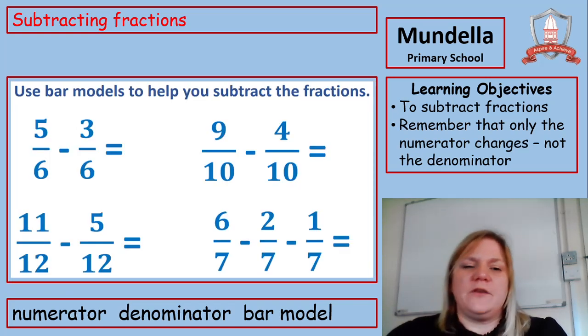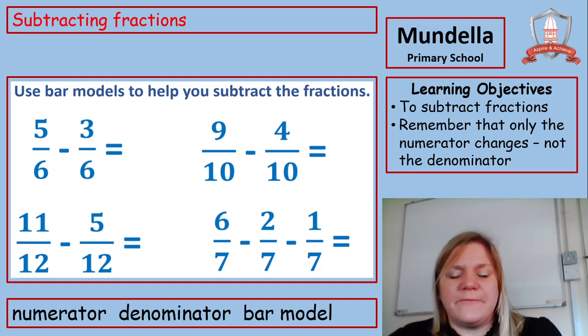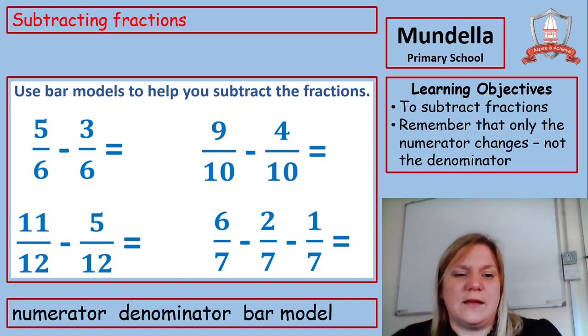So let's see if you can draw some bar models to help you subtract the fractions. The first one says 5/6 take away 3/6. So you need to draw a bar model, and remember your denominator tells you how many equal pieces you cut it up into. So you start with a bar model that's chopped into 6 equal pieces because the denominator is 6, and you would shade in 5 of those pieces.